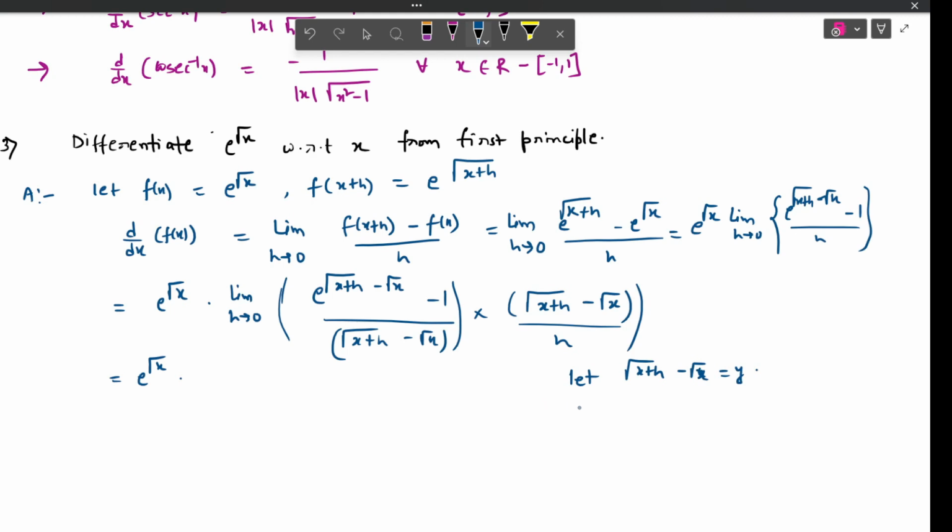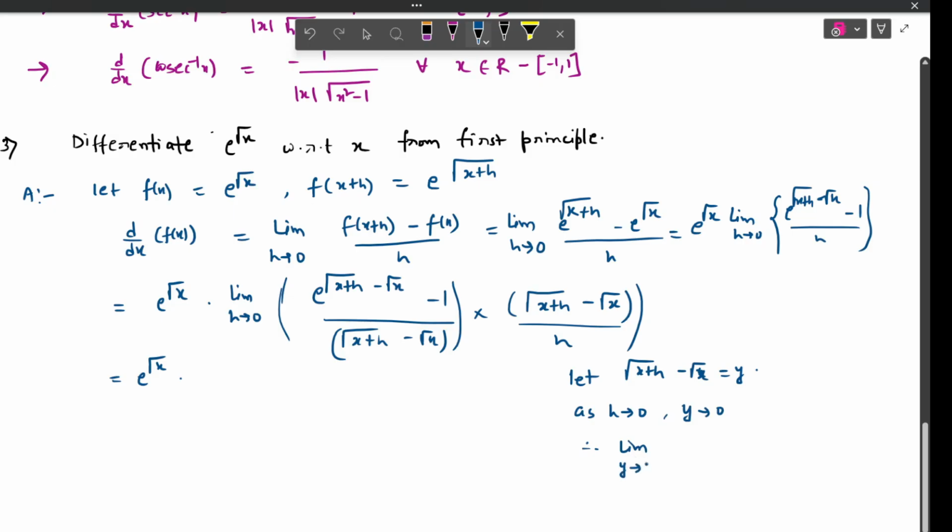As h tends to 0, root x plus h minus root x, y tends to 0. So it reduces to limit y tends to 0, e to the power y minus 1 by y, and we know this is 1. So this whole term would be 1.